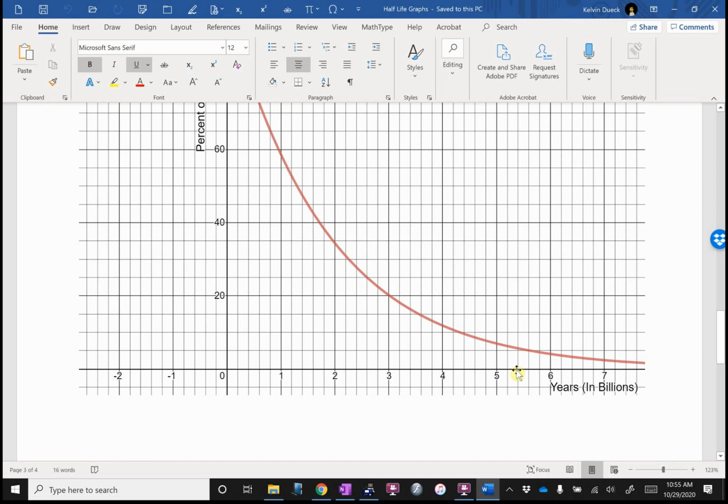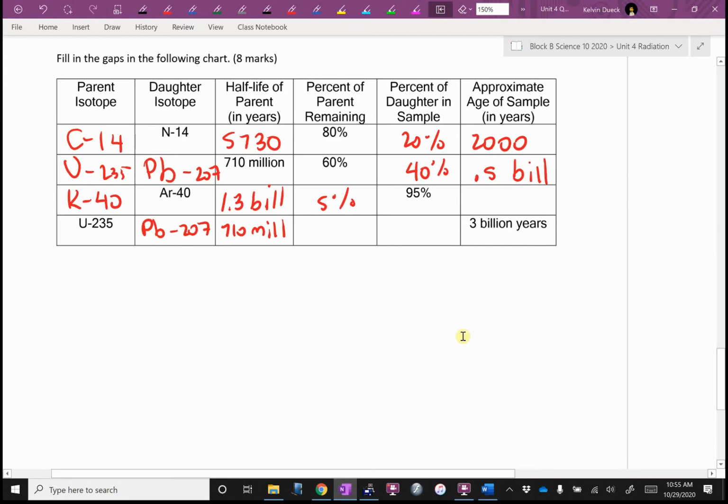I would take definitely something less than 5.5 and something more than about 5.1. If you want me to be fussy, I think it's close to 5.4, but I'll take 5.3, I'll take 5.2. I would not take 5 and I would not take 5.5 because it's definitely between those. So I'm going to write 5.4, and that was billion.